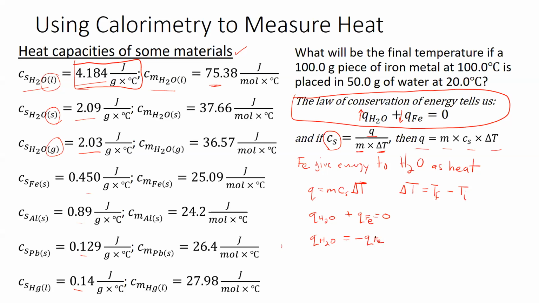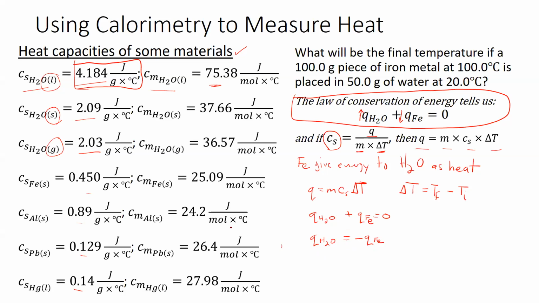The reason for that is that water is absorbing energy, so its temperature goes up, whereas iron is giving off its energy, so its temperature change is going to be negative, and that negative sign allows us to take that into account.